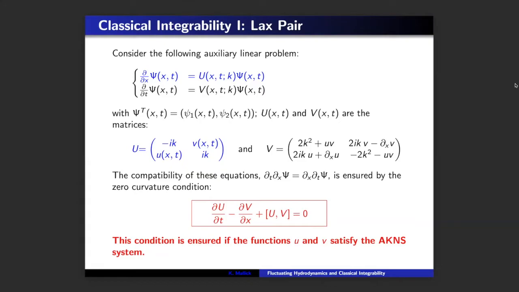By the way, the word zero curvature comes from differential geometry. When you have a curved space and you evolve in one direction on the sphere, along longitude or along latitude, and you do it along latitude first and longitude then, because of the curvature of the sphere, you have a small mismatch of your small vectors and you have non-zero curvature. If you do it on the cylinder, you will close the rectangle.